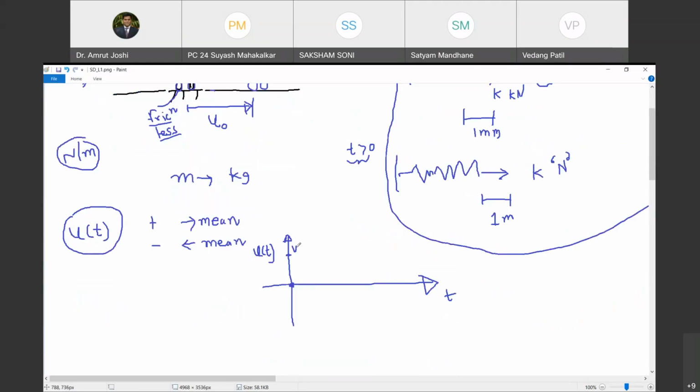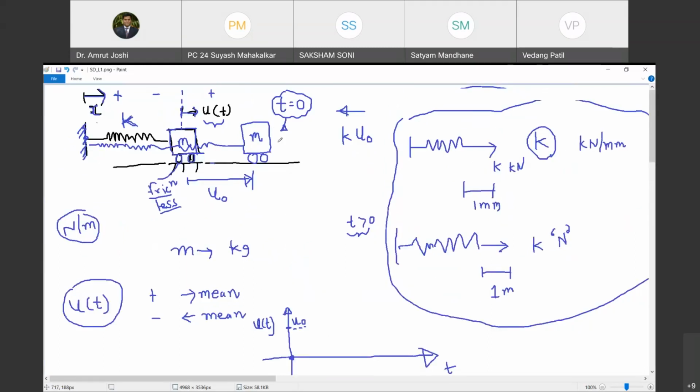And what does your experience say? When I release this block, it starts moving towards left. When it goes on the other side, will it go up to u0 or slightly less than u0? Slightly less than u0.